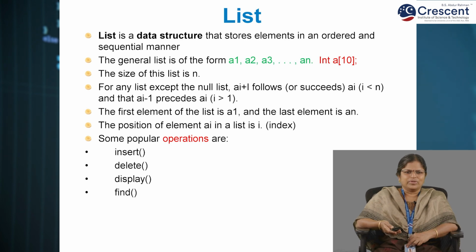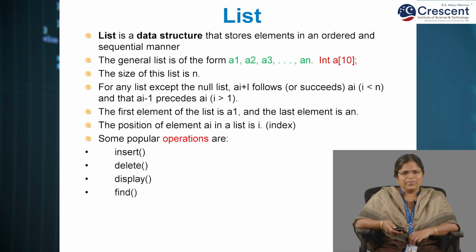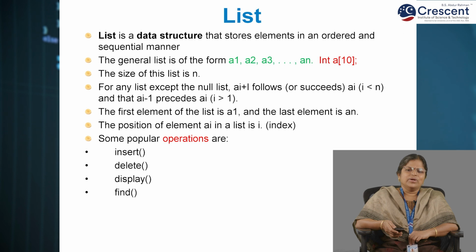Both are the same. Array is a static allocation of memory. During compilation time we allocate the space for this particular array declaration. So totally 20 bytes are allocated for this list or array, that is int a[10].